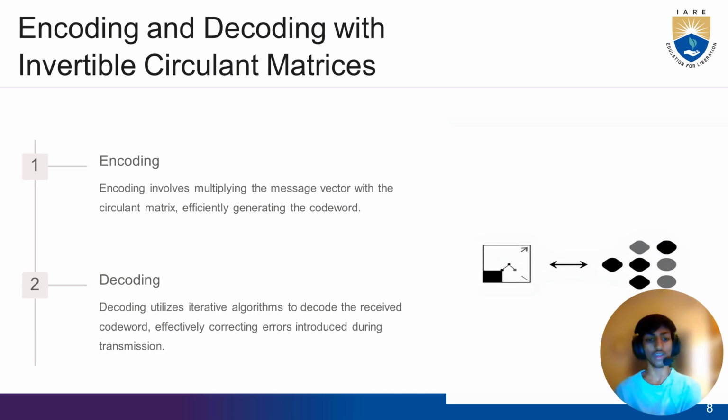Decoding utilizes an algorithm to decode the received code efficiently, correcting errors introduced during transmission. Encoding and decoding is also a very secure process. While we are sending a file, we encode it and the receiver decodes it, which is very secure, where others cannot see it without the passcode of the program we set.